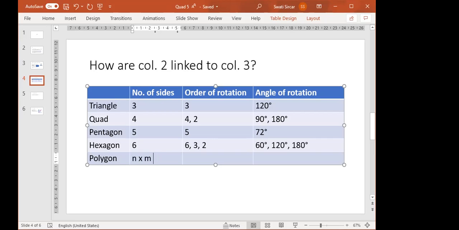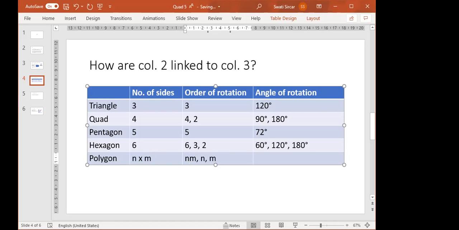And then vertex 2, a2, will rotate from a2, a(m+2), a(2m+2), like that. So you can actually show that these will have orders nm, n, and m.